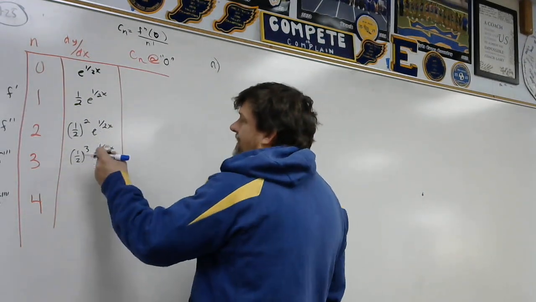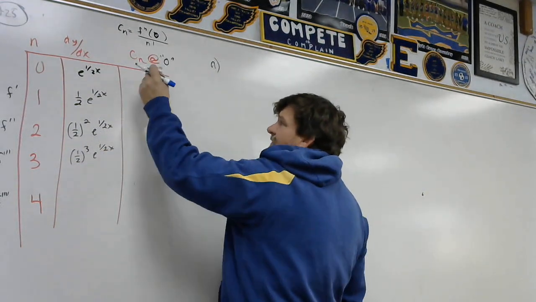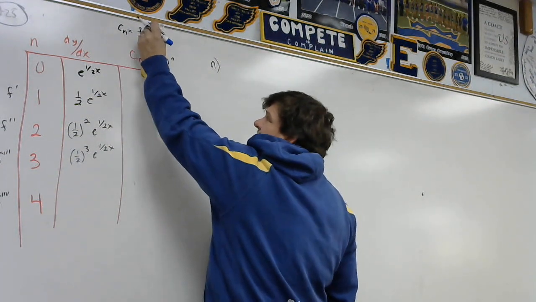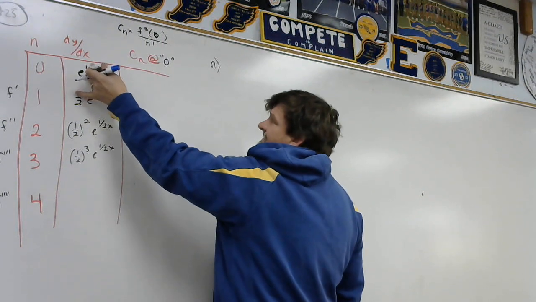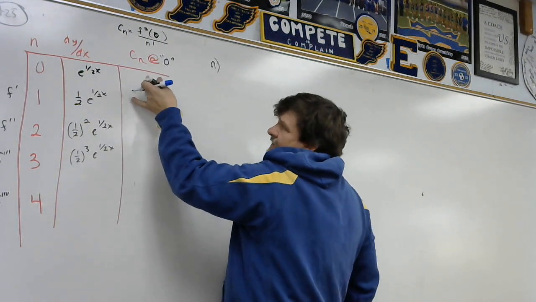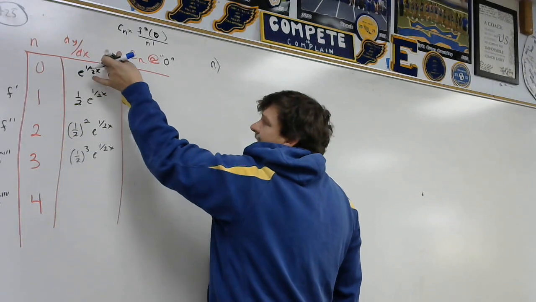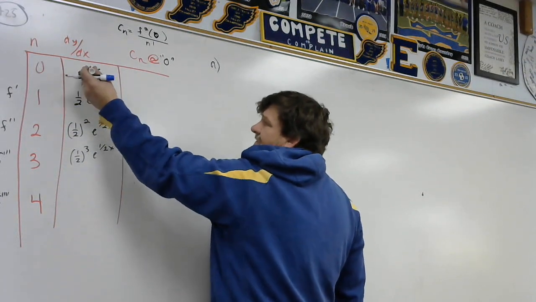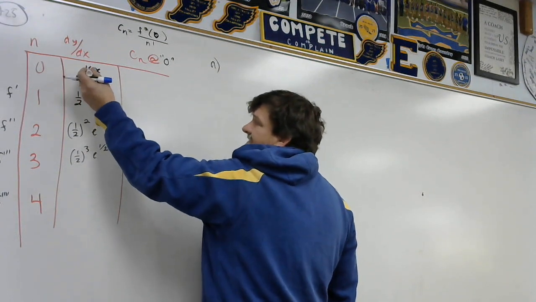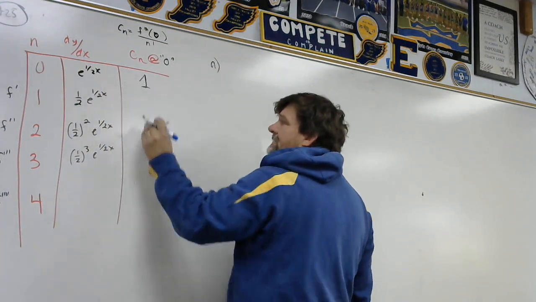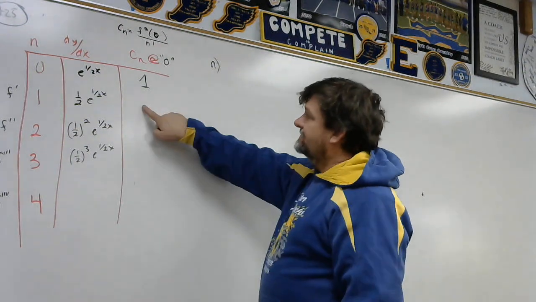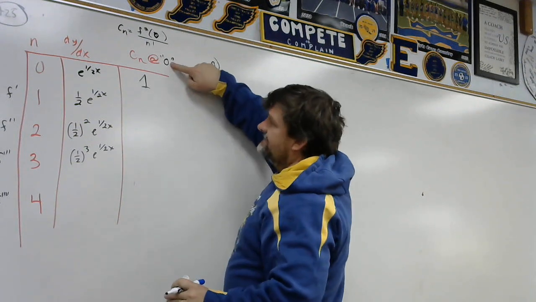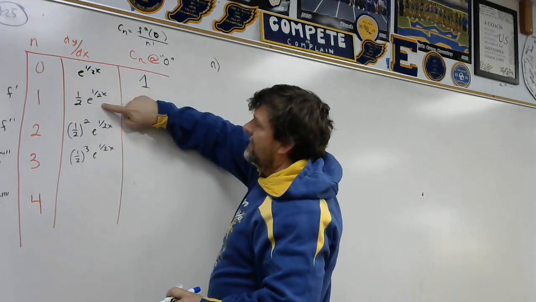So we need it evaluated at 0. So if we evaluate it at 0, we're going to get the nth derivative, which is this one, divided by 0 factorial. By definition, that's 1. So e to the 1/2 times 0 is going to be e to the 0, which by definition is 1. So there's that piece. So then my second one is going to be e to the 0, which is 1.